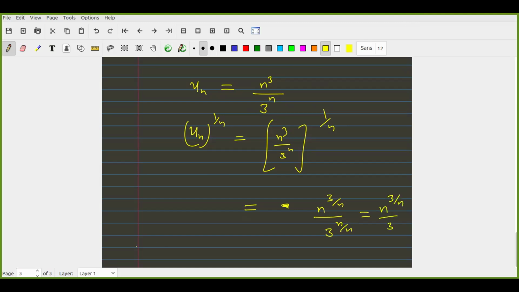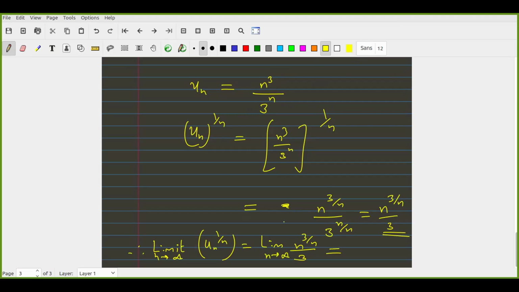So the limit that Cauchy's test prescribes is un power 1 by n. Apply this limit to the expression that we just got, n power 3 by n upon 3, as n tends to infinity.